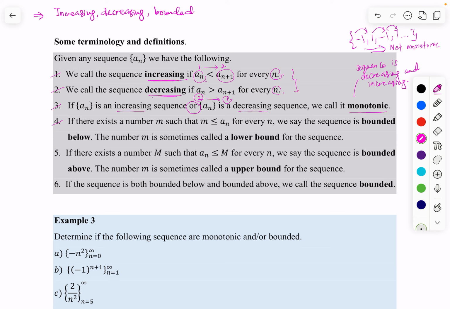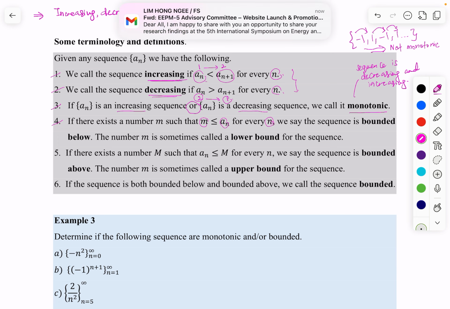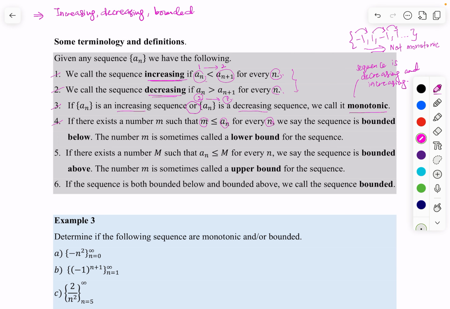Okay, the fourth: if there exists a number m, small m, such that m is less than An, which means this m is a term and An is another term, so this m is less than An for every n, we say the sequence is bounded below.